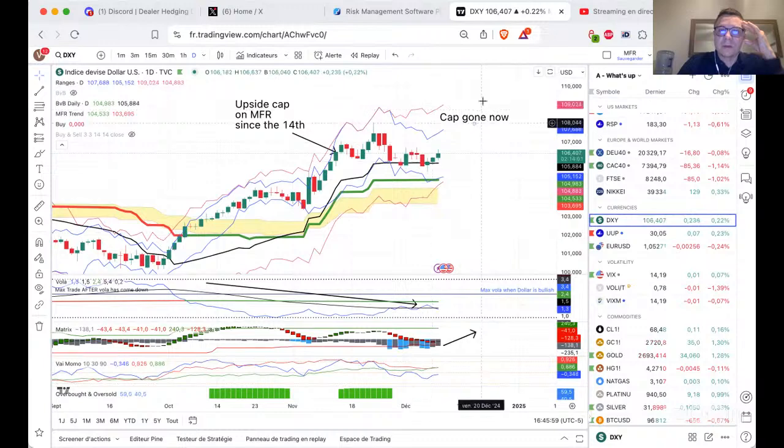Especially now the cap on the upside is gone. It was gone since the 27th of November. So I heard a lot of chatter of people saying that DXY has stopped. Same guys were saying that yields are topped as well, by the way.